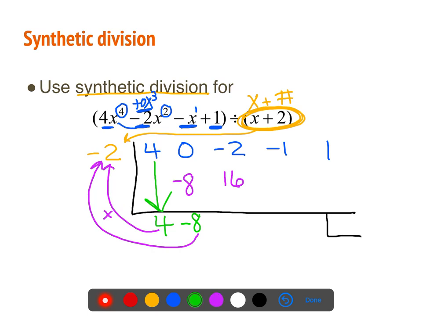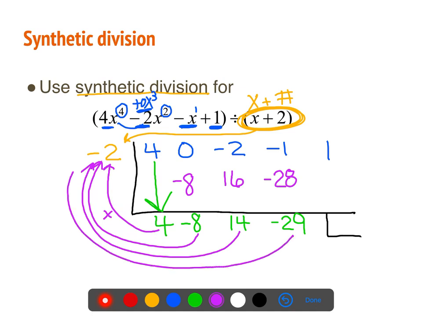And then repeat the process. Multiply the bottom by the outside. So negative 8 times negative 2 is positive 16. Add the column. Negative 2 plus 16 is 14. Multiply by the outside. 14 times negative 2 is negative 28.